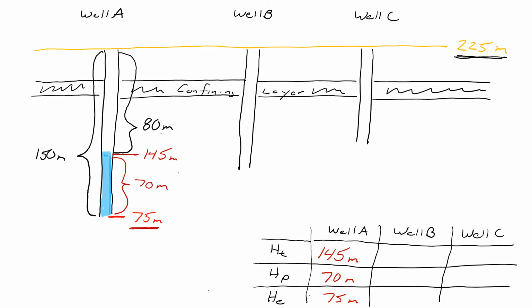All right, what did we say for well B? How far down did the driller drill? 100 meters. So if it's 200 meters at the top and you drill down 100 meters, you should get an elevation at the base of the well of 125 meters.